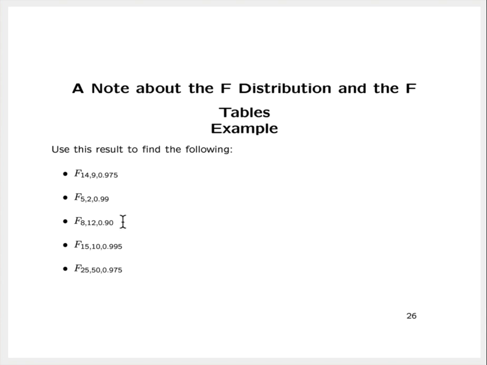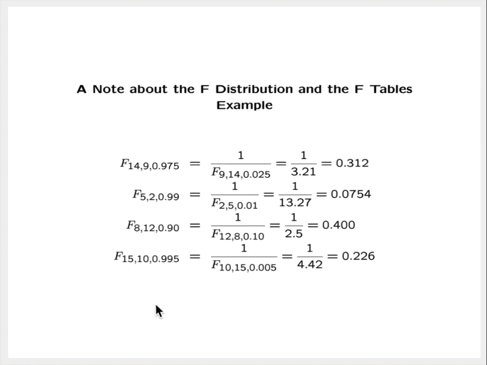We then want to find the upper 0.9 percentage point for the F distribution with 8 numerator and 12 denominator degrees of freedom, and so forth. And so we could use the relationship and the existing F tables to find these F values. And so I would encourage you to find these on your own, practice, and make sure you can do this.